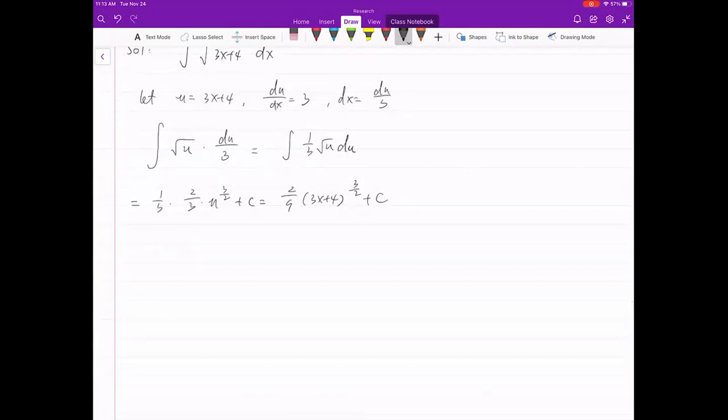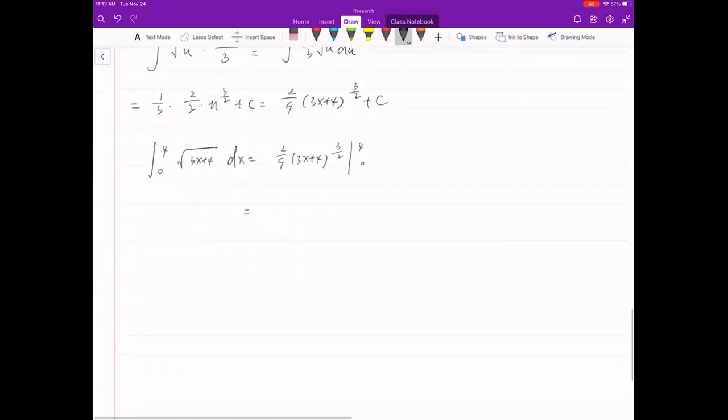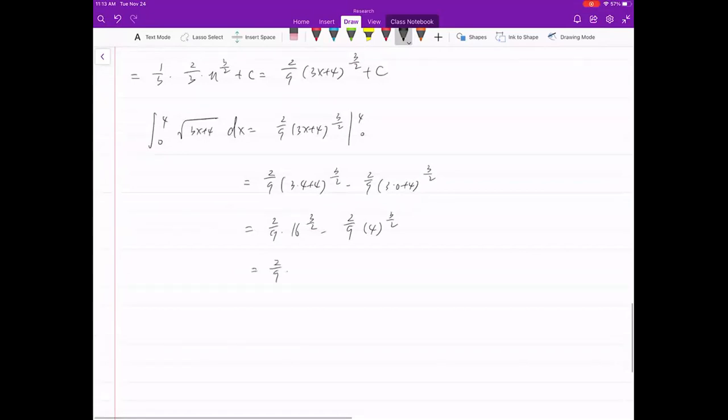Okay, that's a u-sub. Once you finish, what is this if you put 4 and 0 back? Then you know, well, that's just 16 to the 3/2 minus 4 to the 3/2, which is a lot. 64 minus 8.